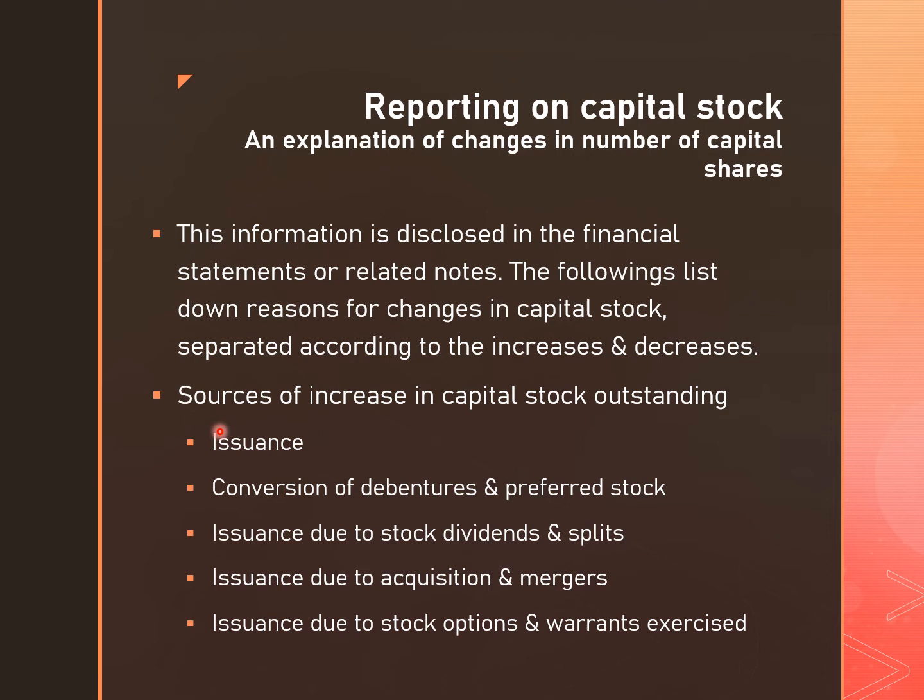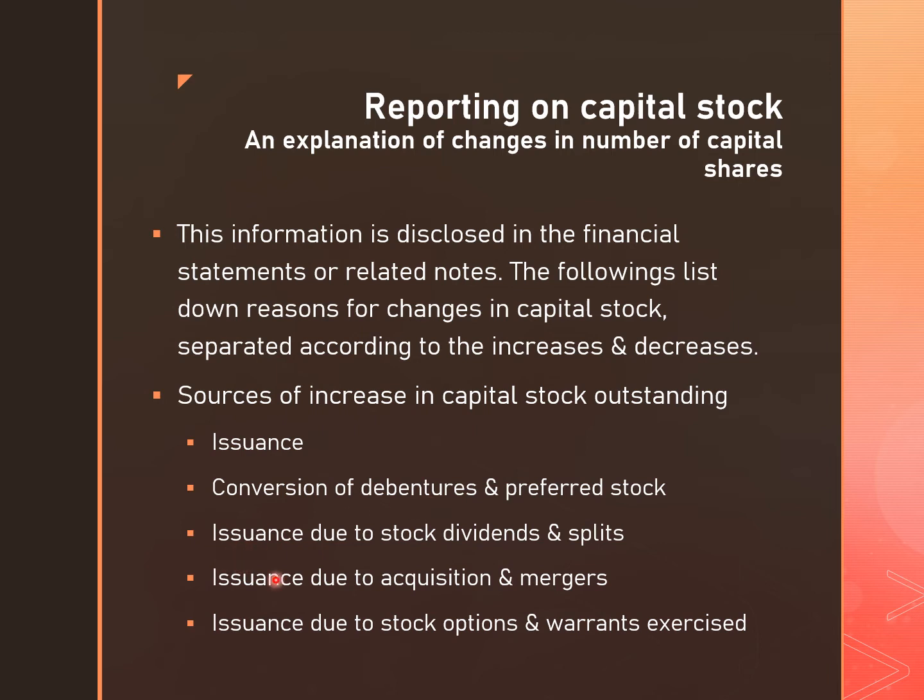So first one, the source of increase in capital stock outstanding adalah issuance. Kalau kita issue new shares, so dia meningkatlah kita punya capital stock. Kalau kita convert the debenture and preferred stock to the common shares, pun dia akan meningkat juga the capital shares kita.